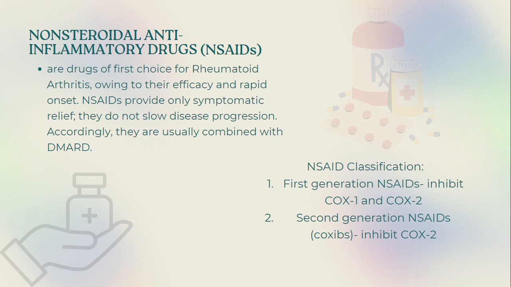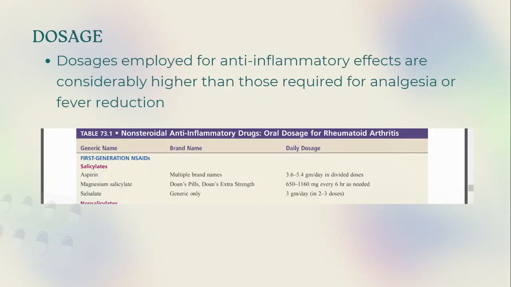Therefore, the selectivity of this drug class results in less gastrointestinal ulceration than the first-generation NSAIDs, while producing equal therapeutic effects. The dosages employed for anti-inflammatory effects are considered higher than those required for analgesia or fever reduction.